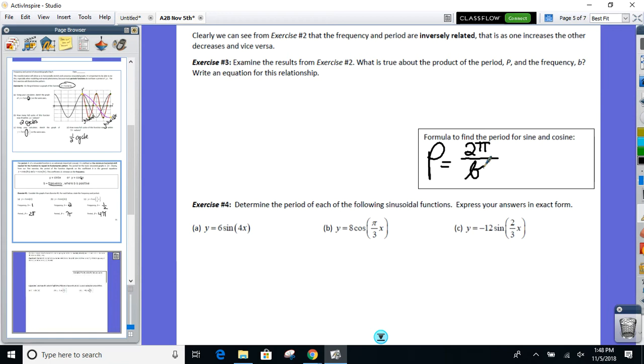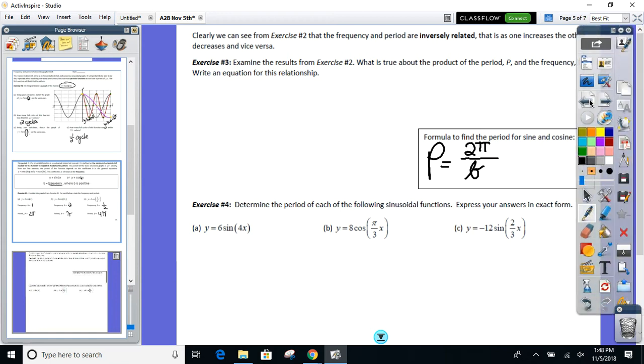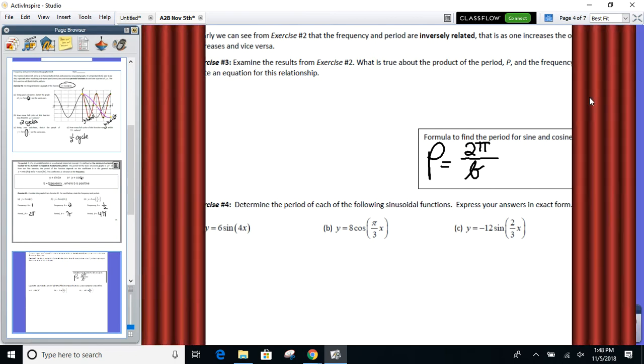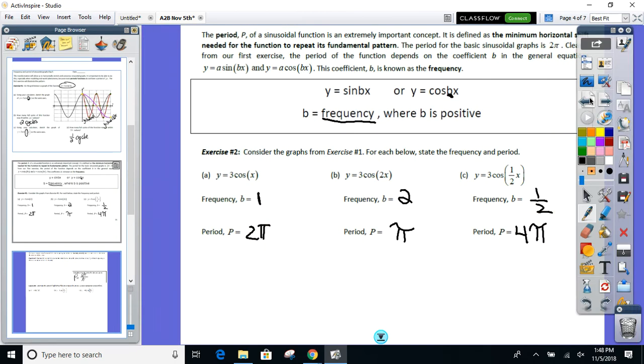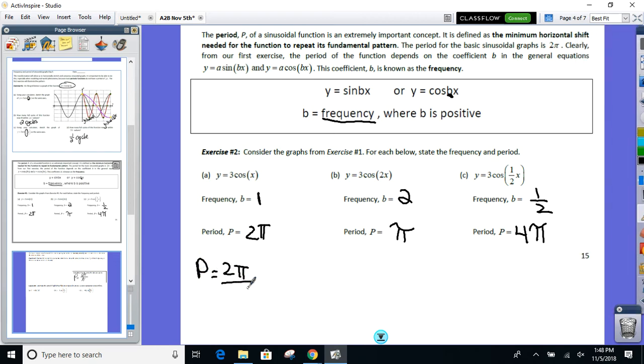And if you don't believe me, stay on the page you're on. Just let me go back a page. Everyone ready? Let's take this one here. What was your frequency? That's the period. Stay with me. What was the frequency for the second one? What cancels out?